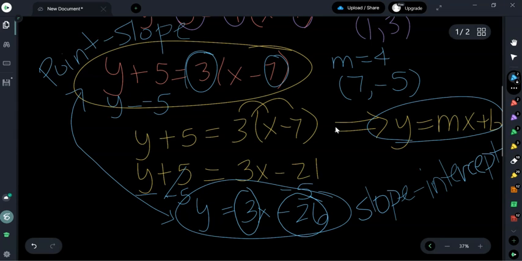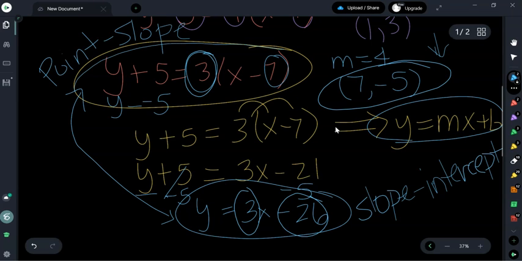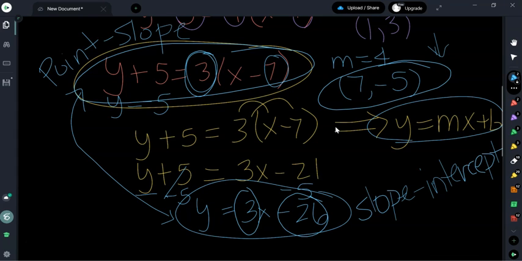Point slope tells you the slope and one point that is on the line. This point is not necessarily the y-intercept. It is just a point on the line. The neat thing about this is I can take any point on that line and plug it into point slope, and when I rearrange it, I will still get the same slope-intercept form. Just because an equation doesn't look the same doesn't mean it isn't the same. So that is how you do point slope form.